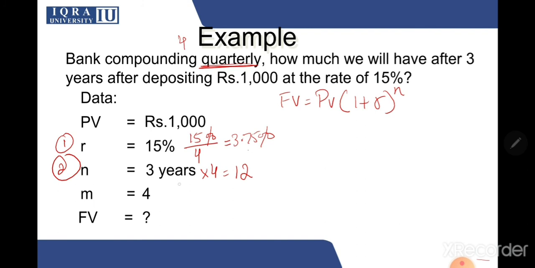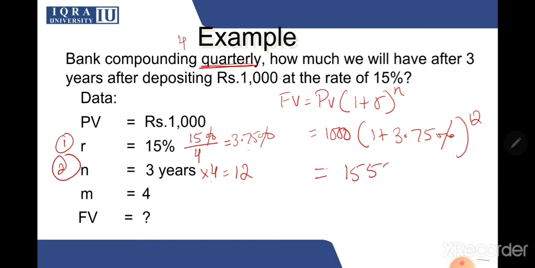Similarly, there were 3 years, but in each year the interest is being paid 4 times. So in total there will be 12 interest payments. So now you can use it in the formula. Present value is 1000, 1 plus r, which is 3.75%, and your n is going to be 12. So if you solve this, your answer comes to 1555.45.